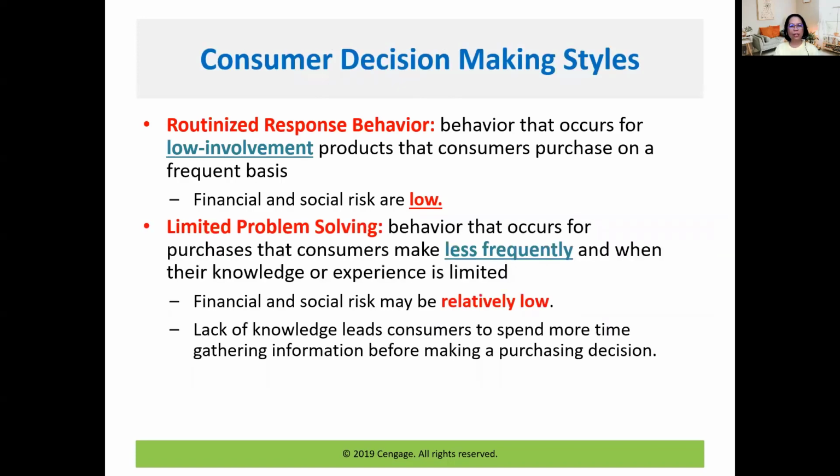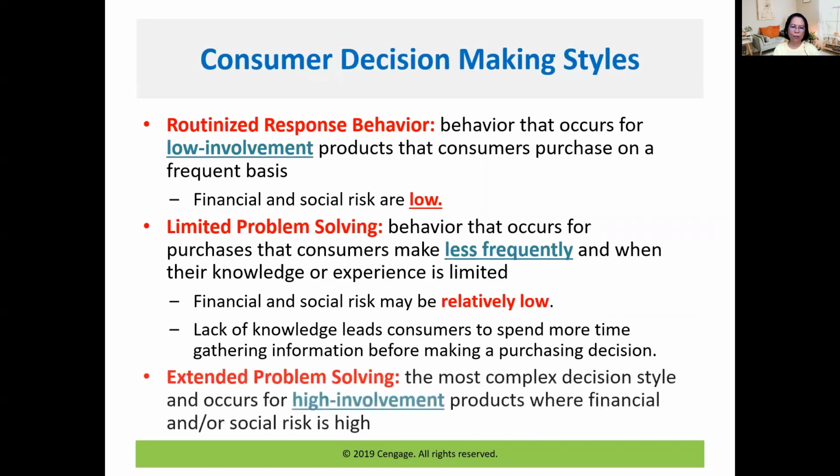Next, we have limited problem solving, which is behavior that occurs for purchases that consumers make less frequently and when their knowledge or experience is limited. Financial and social risk may be relatively low. Lack of knowledge leads consumers to spend more time gathering information before making a purchasing decision.